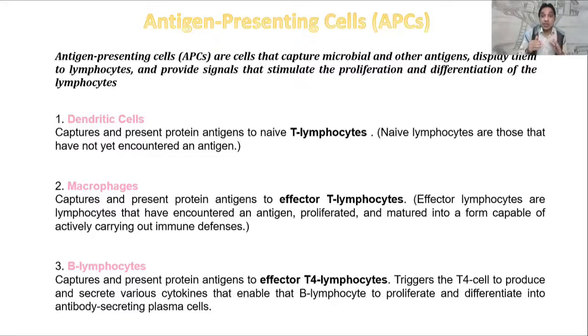Those signals not only attract the other members of the immune system, they can also help the immune cells to proliferate, to differentiate, and to produce functional molecules and different forms of lymphocytes. So let me introduce three major antigen presenting cells.